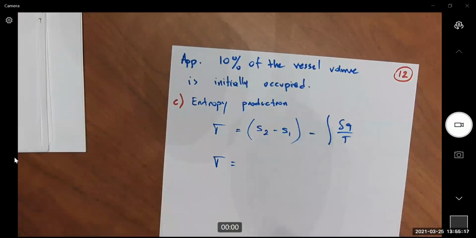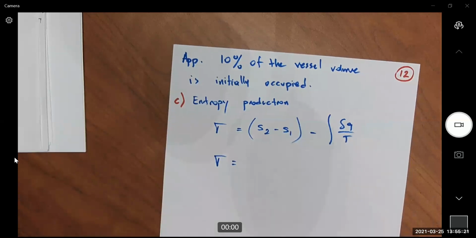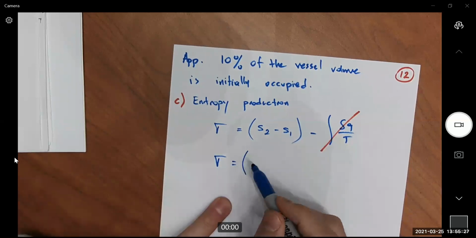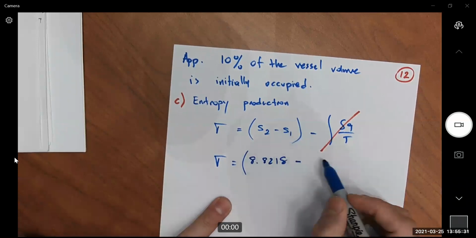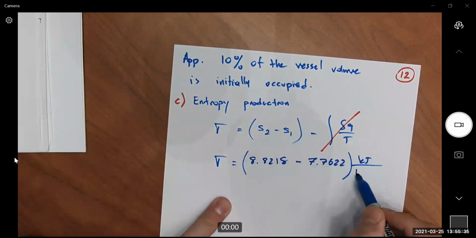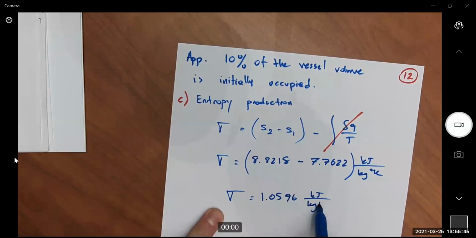What is it? 0. S2, 8.8218 minus S1, 7.7622 kilojoules per kilogram Kelvin. So entropy production is 1.0596 kilojoules per kilogram Kelvin.